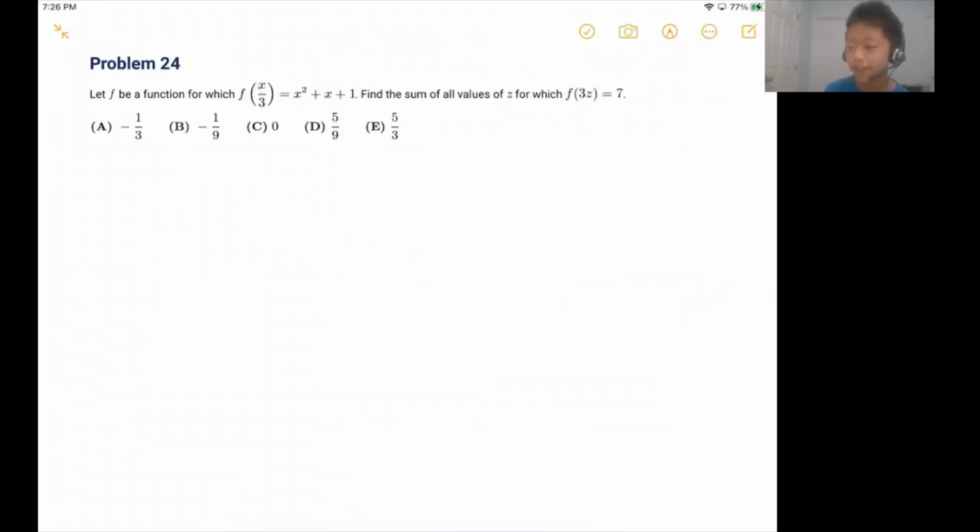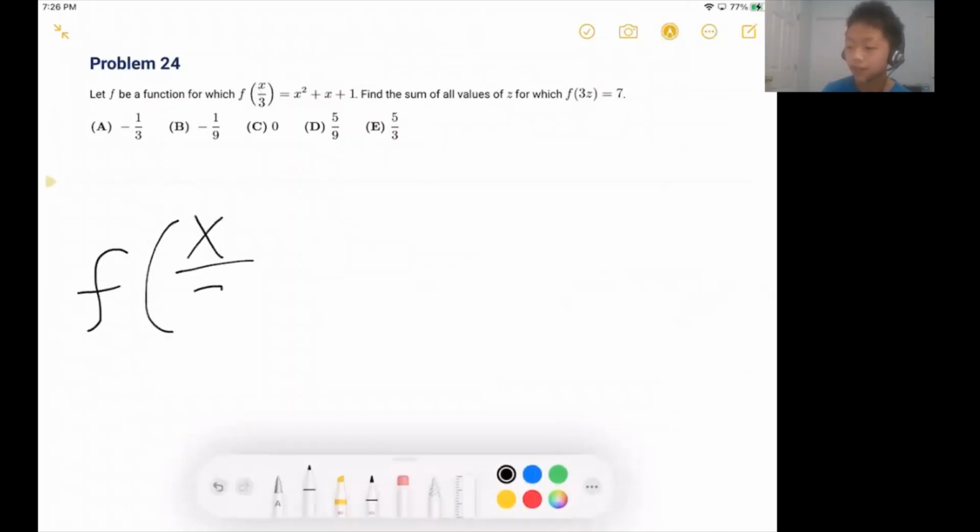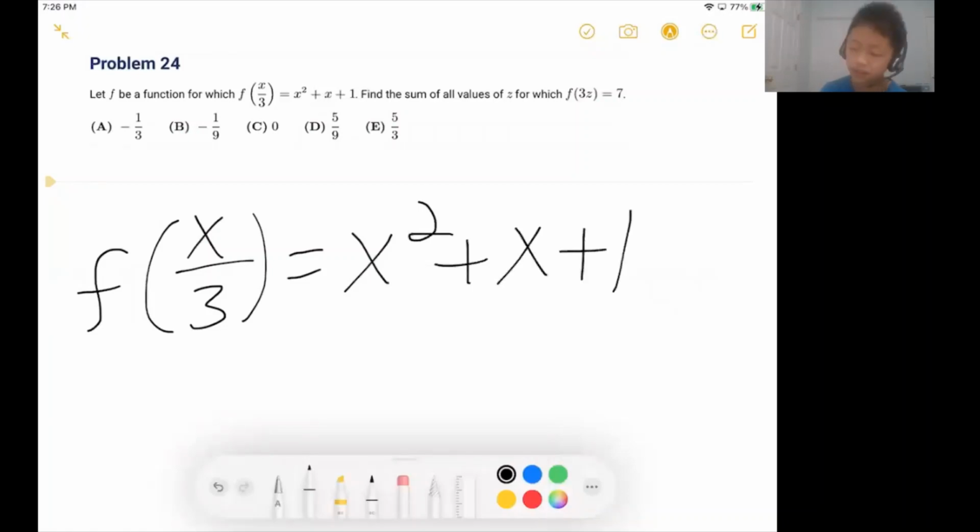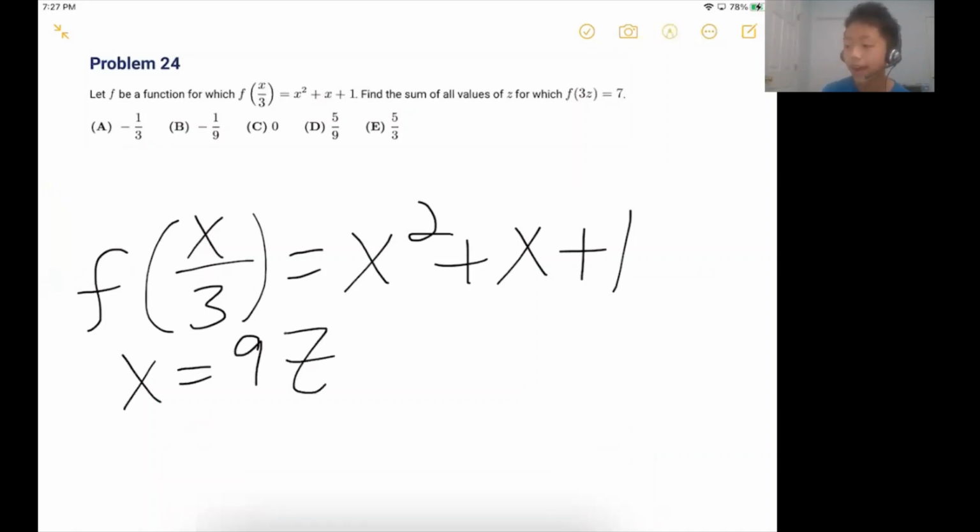This is a function question. For this kind of question, we start with the function f of x over 3 equal to x squared plus x plus 1. We can plug in any value of x that we want. So what if I let x equal 9 times z, for example? I can let x be any value.